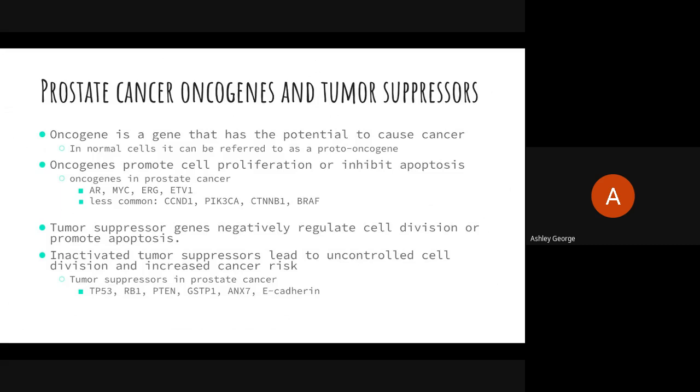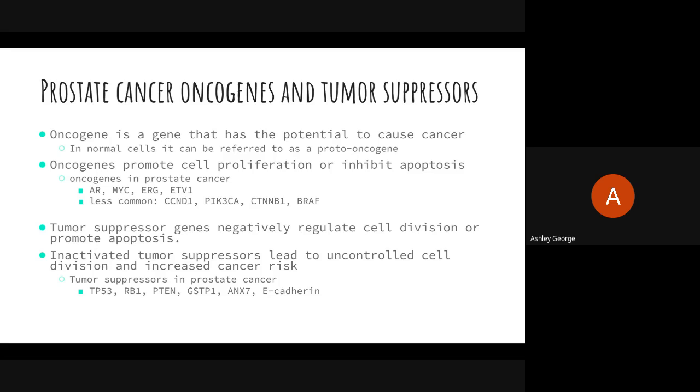This is another slide that we took quickly from the lung cancer presentation, just about oncogenes and tumor suppressors, both important players in prostate cancer. So an oncogene, as it says on the screen, is a gene that has the potential to cause cancer. In normal cells, it's referred to as a proto-oncogene. These oncogenes promote cell proliferation or cell growth, and they inhibit the programmed cell death or apoptosis, as I mentioned.